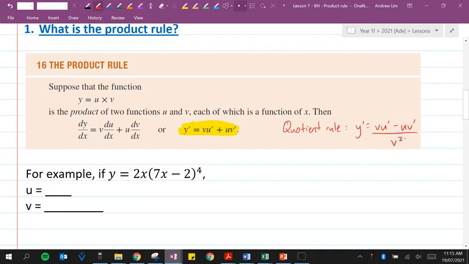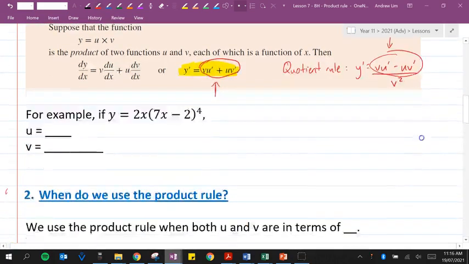Now the reason why I want you to memorize this is because this bit is essentially the same as the top, except it's a plus instead of a minus. So I want you to memorize that because the order is very important for the quotient rule. The quotient rule has to be vu dash first and then minus uv dash. In the product rule, it doesn't matter which order it is. That's why I prefer it if you just remember the one order, vu dash first and then uv dash.